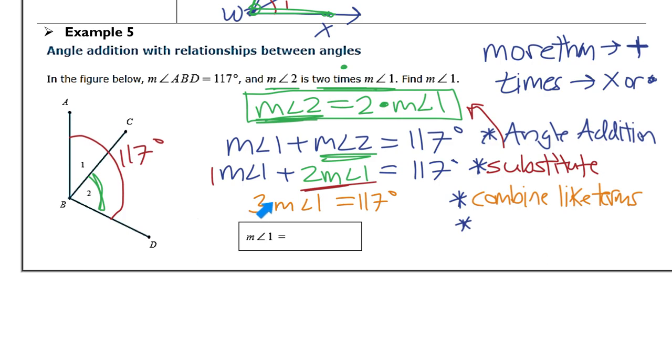Now, to get rid of this, 3 times the measure of angle 1 is 117. To undo multiplying, again, there is a times sign here when there are no spaces, we're going to undo this by dividing by 3 on both sides.